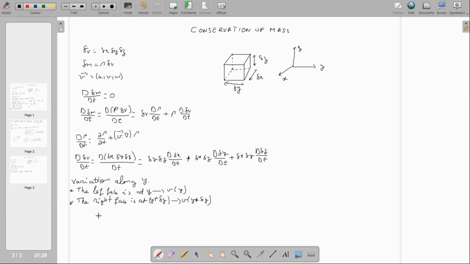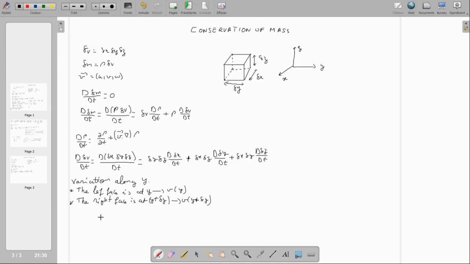So now I'd like to draw your attention to this point, because the two faces move at different velocities. The length delta y changes over time. So the rate of change of delta y is simply the difference between the velocities of the left and the right faces.